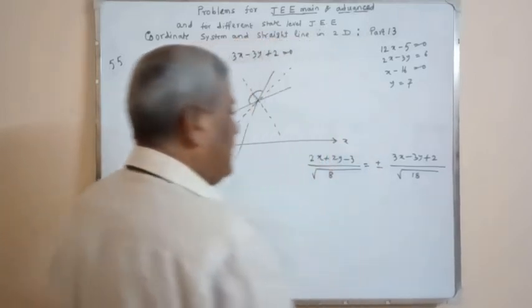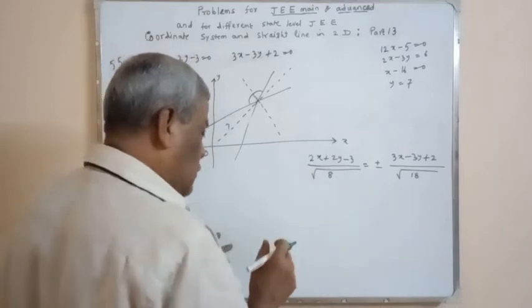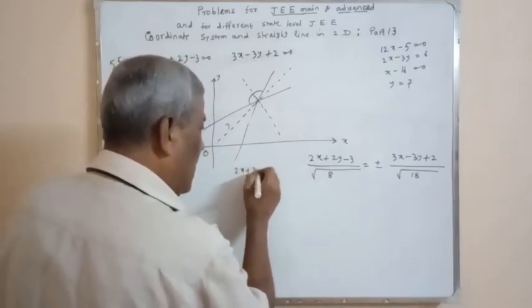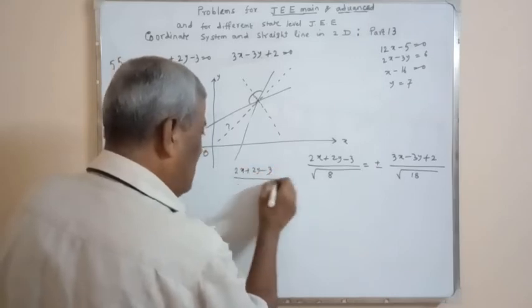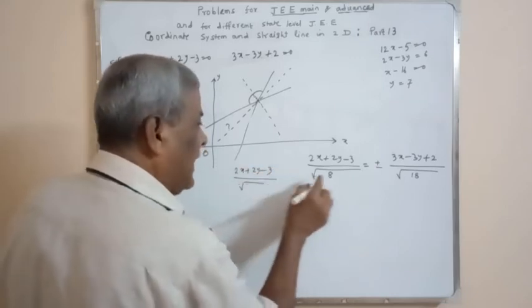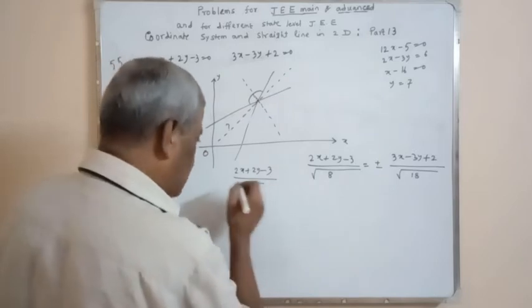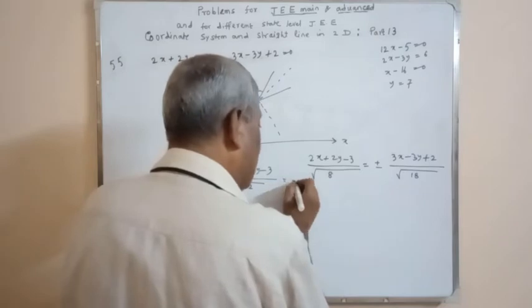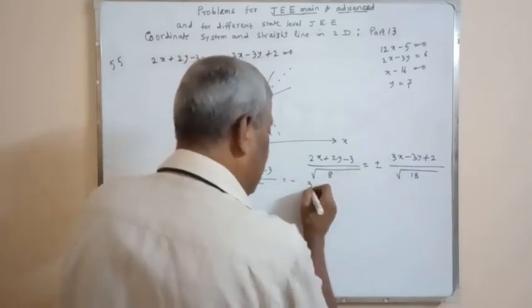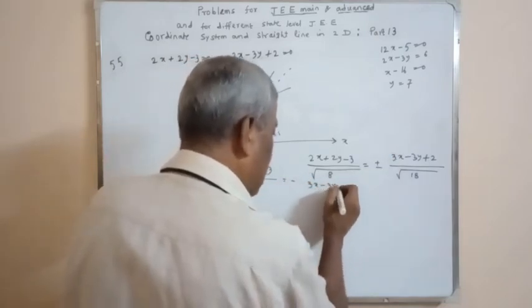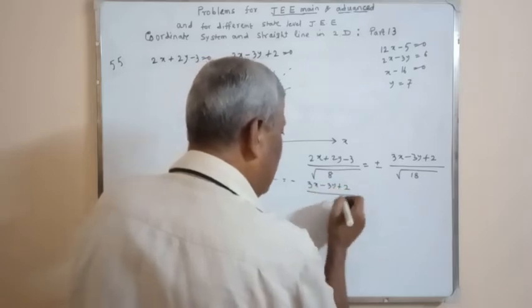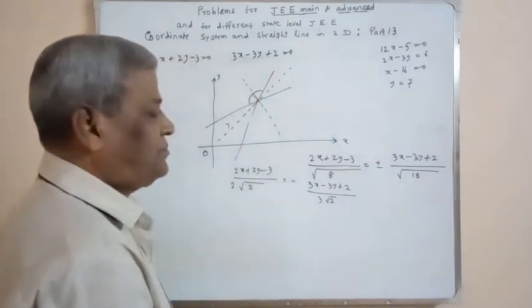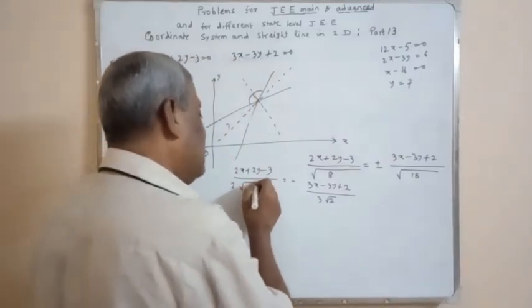Therefore the required equation of bisector is (2x + 2y - 3)/√8, meaning 2√2, is equal to minus of (3x - 3y + 2)/(3√2). So √2 cancels.